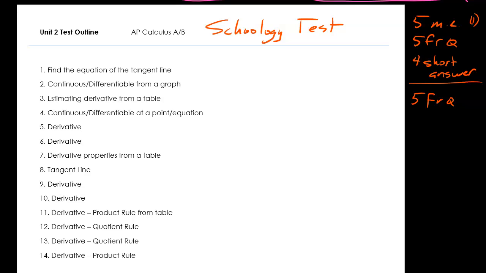Short answer, I can't remember if they're 1 or 2 points each, but again, no work needs to be shown. The FRQ, all work needs to be written in the problem. So if you're doing product rule, you would write in the steps of the product rule in the problem.